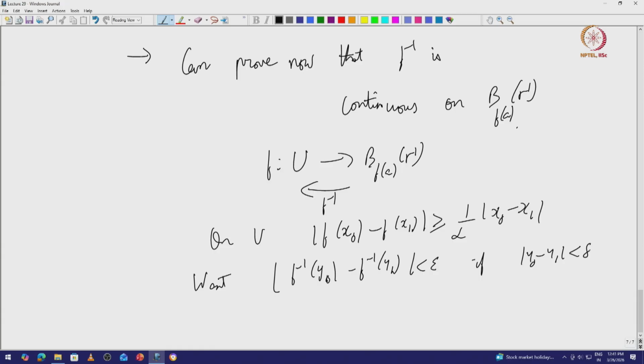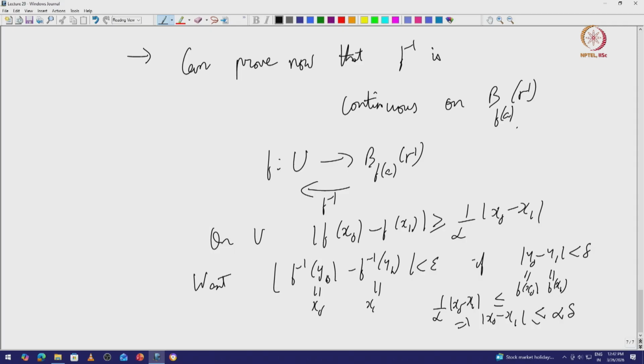Now the point here is this is x naught and this is x1. This is f of x naught and this is f of x1. This is larger than 1 divided by this, which means x naught minus x1 is less than alpha times delta, right?